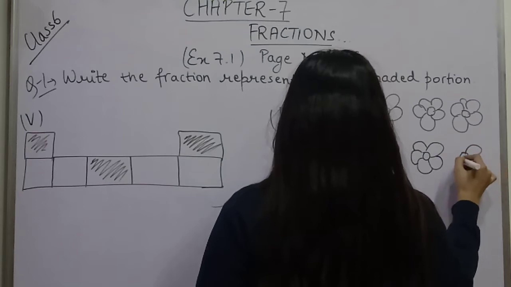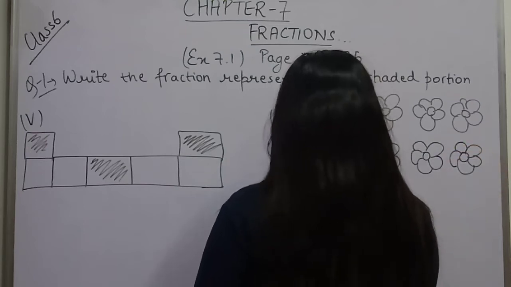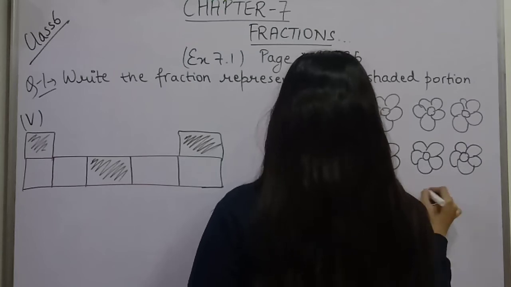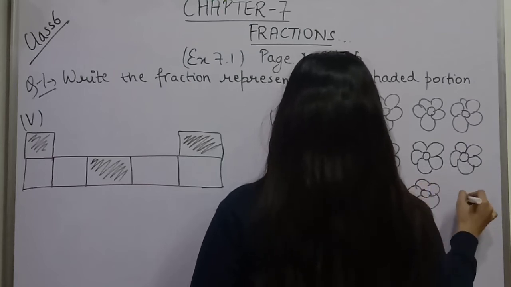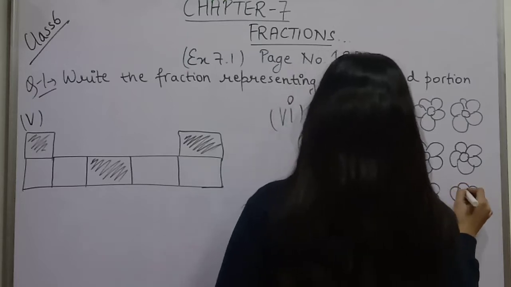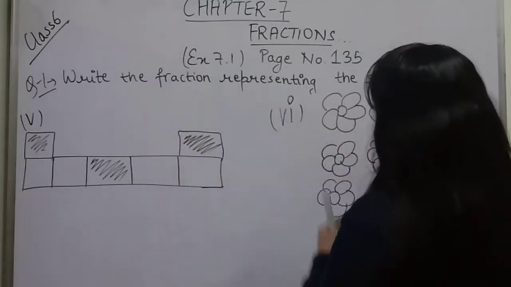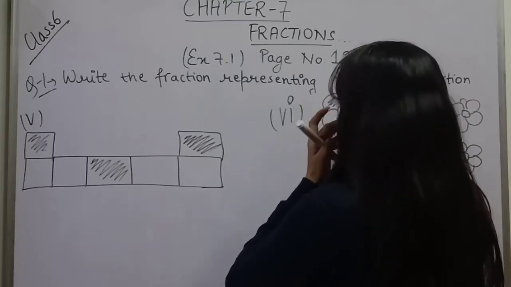So this is part 6. So now we'll be solving the fifth and sixth part. Okay. And there are shaded parts in this. So I'm shading like this.